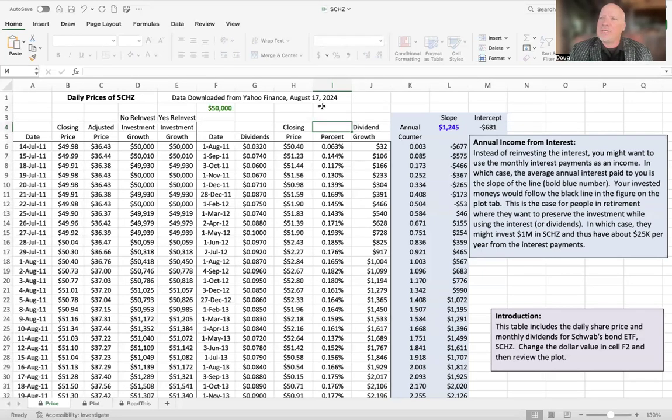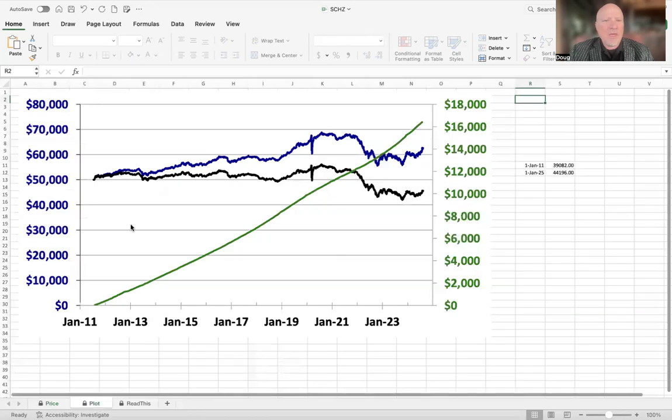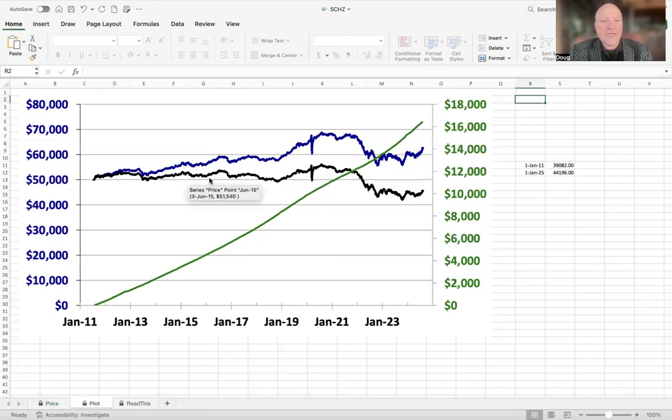What we want to do is get an understanding of how this bond fund has behaved over that time period, and in particular, what kind of interest does it provide? So we can go and have a look at the plot. You click down here on the plot tab, and this is the actual price if you invested $50,000 in the bond fund and reinvested the interest, as they say, reinvest the dividends.